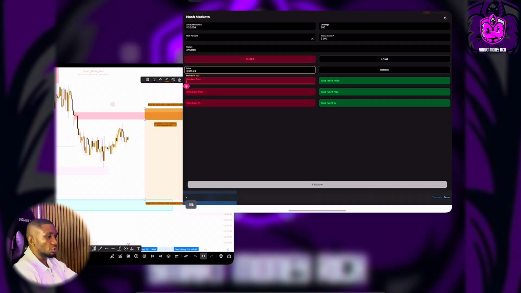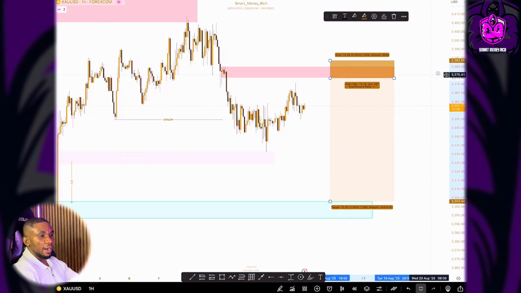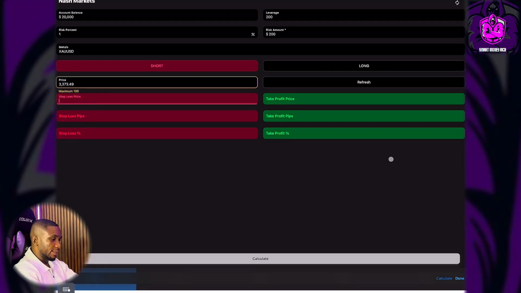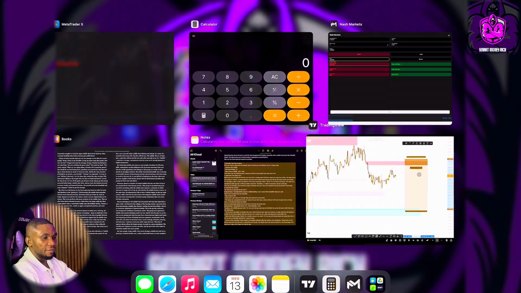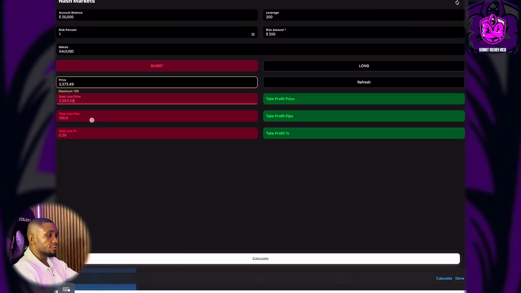Remember, you can also choose to put the stop loss in pips or in price, but I love to put it in price. So I'm going to put 3383.55. I think it's 55. I always cross check to avoid mistakes. If you already know the pips, this is the pips right here.